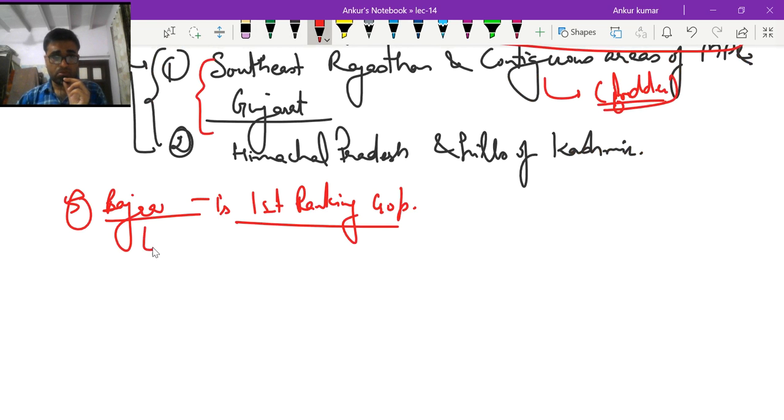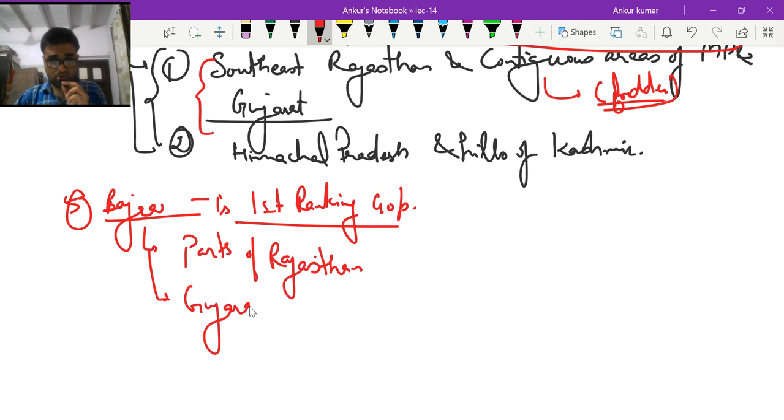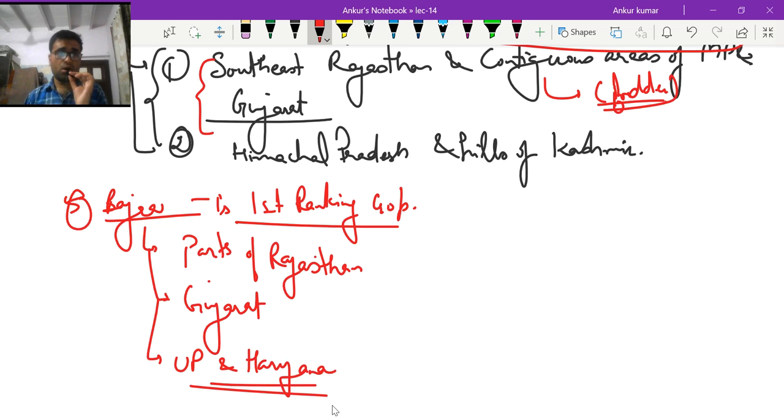These are basically parts of Rajasthan, some regions of Gujarat, and some parts of UP and Haryana, where bajra is the first ranking crop. Along with bajra, other crops are also grown, which include the pulses, wheat, cotton, right? These crops are also grown.